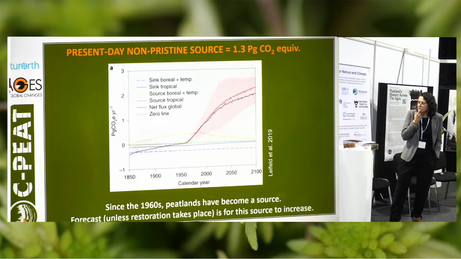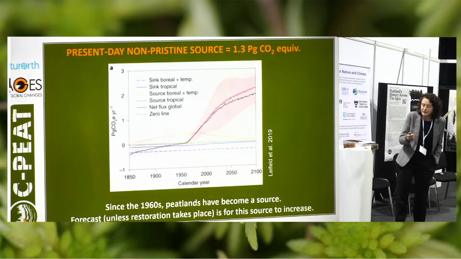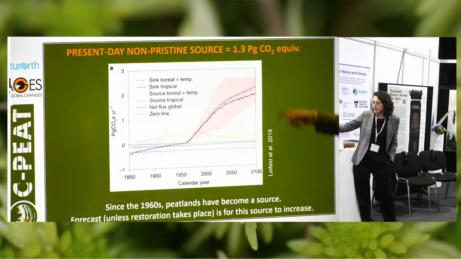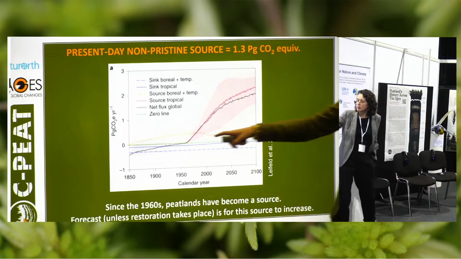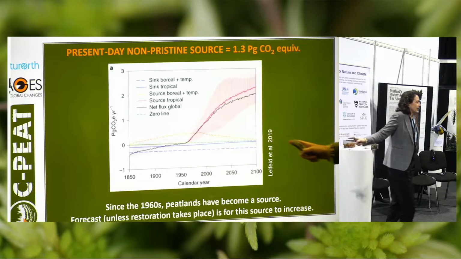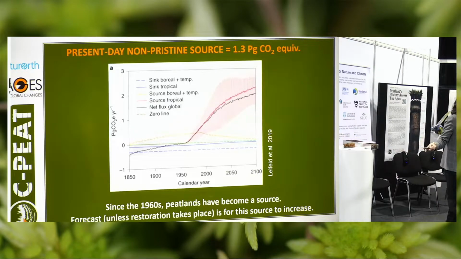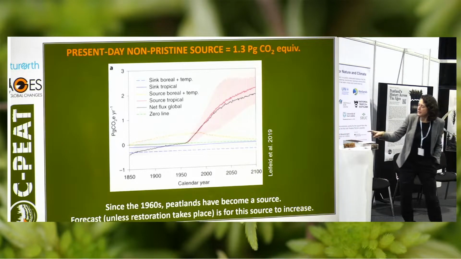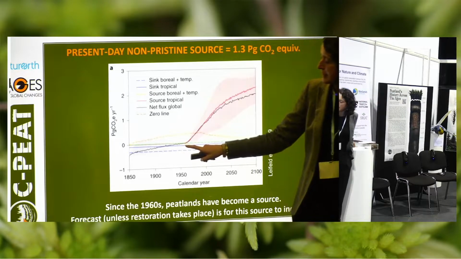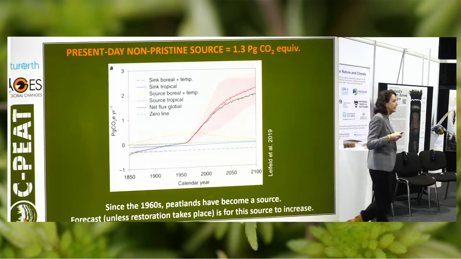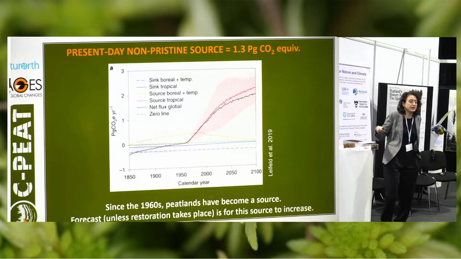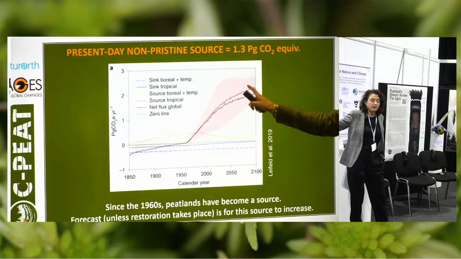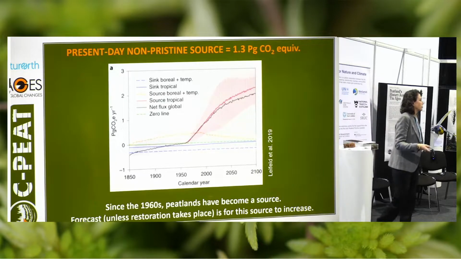And I just wanted to put this here because we know very little about tropical peatlands, but what we do know is from a relatively recent paper. I'm sure you've seen this in other talks, suggesting that from the 1960s, global peatlands already became a sink, and that release of carbon to the atmosphere is likely to increase if we do nothing because of anthropogenic pressures on tropical peatlands.